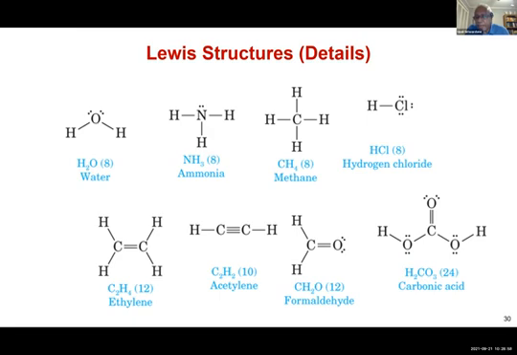Lewis structure of carbonic acid. Carbonic acid forms when carbon dioxide dissolves in water. So the total number of valence electron pairs is 24. The connectivity is carbon as the middle atom, then 3 oxygens, and then the hydrogens on the oxygens.